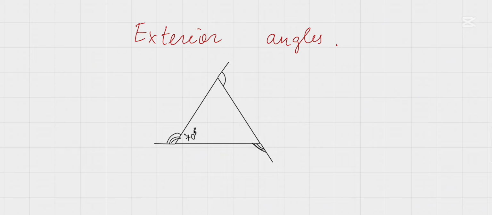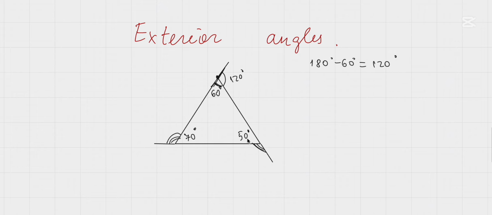Let's say this is 70 degrees, 60 degrees, so together 130, 180 minus 130, so this should be 50 degrees. Now, it is very clear that an exterior angle and an interior angle together make 180 degrees because they're on the same straight line. So, to find this exterior angle, I can just write 180 minus 60, which makes 120 degrees, this one.